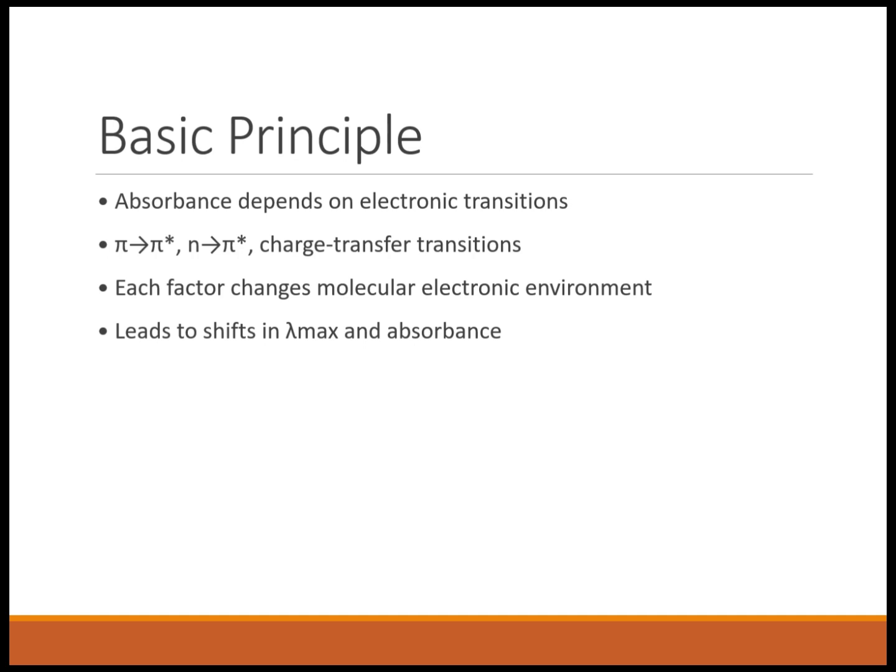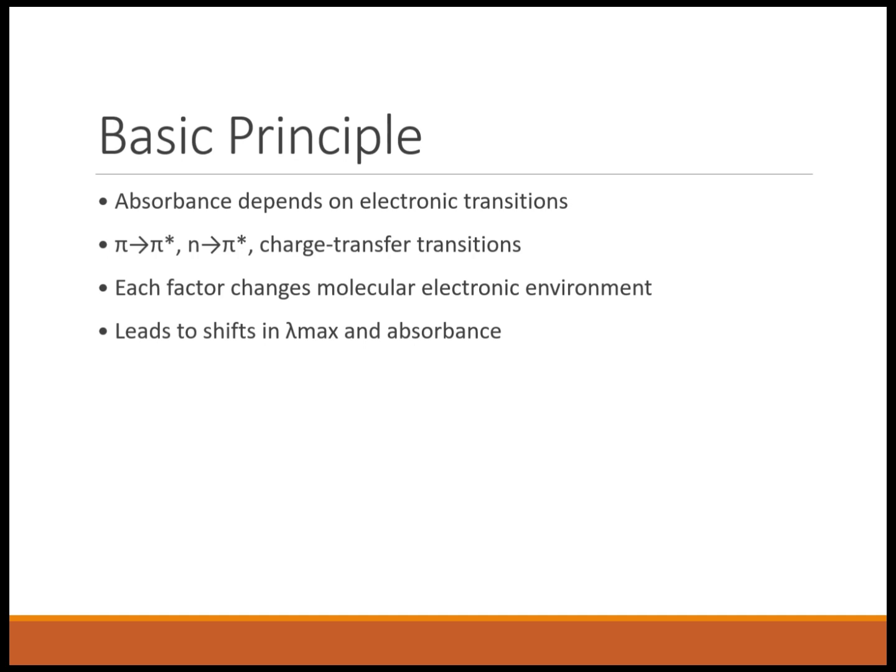Now we will see the basic principle. UV visible absorption spectroscopy arises from the electronic transitions such as pi to pi star, n to pi star transition, and charge transfer transitions.